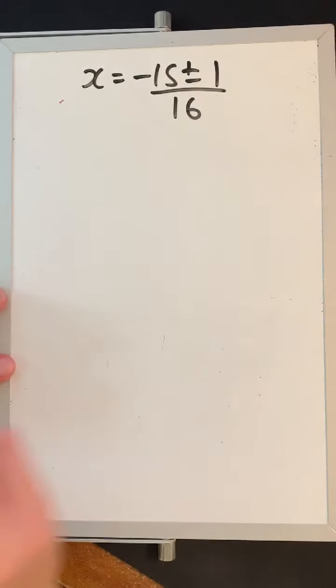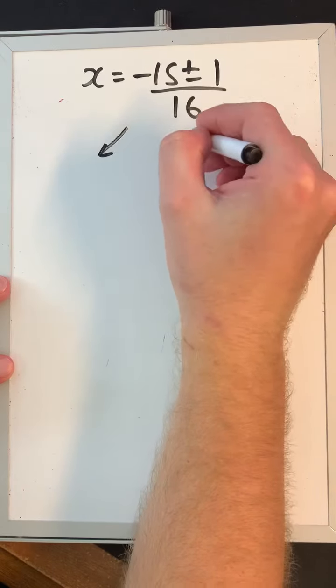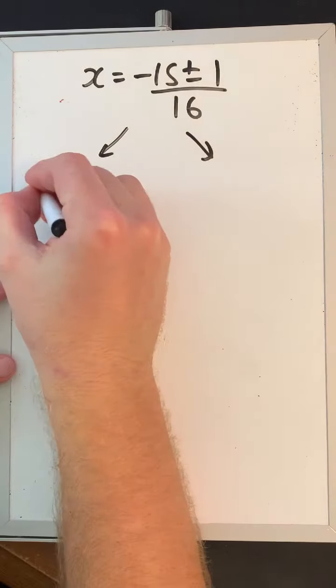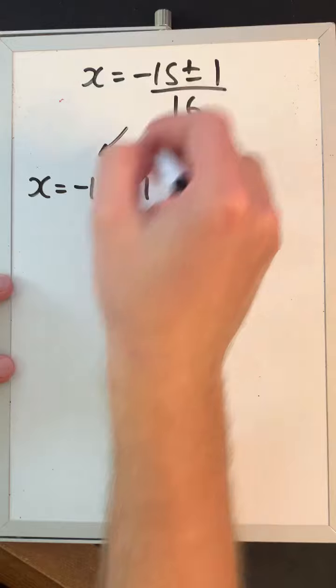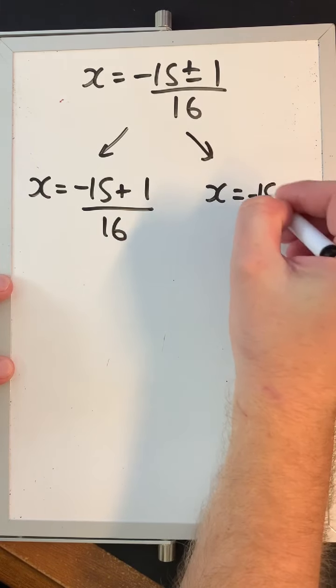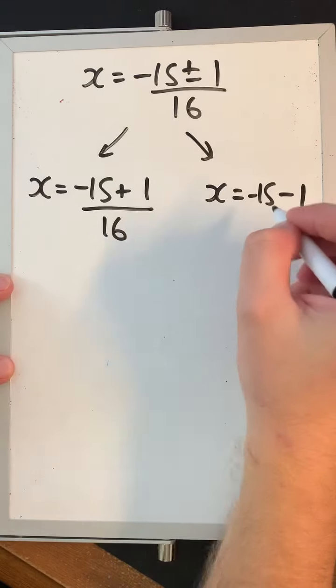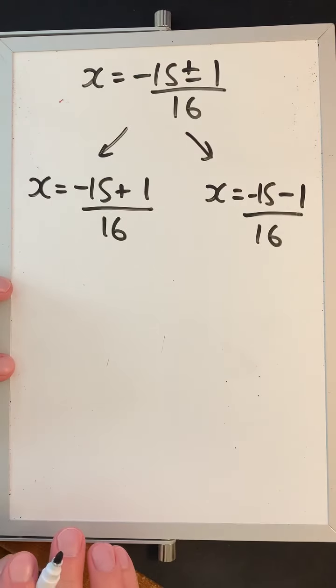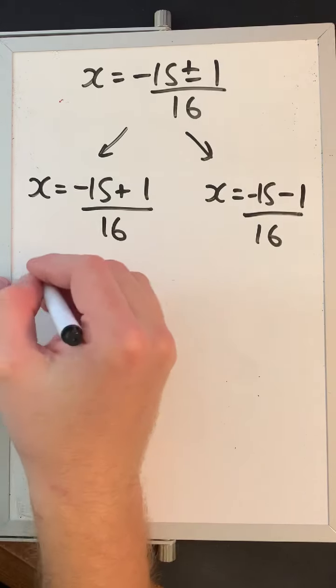Now the way we get the two roots from this is we split this up into two. We write this down with the positive 1, so we use the plus. And we write it down with the negative, so minus 1 over 16. And this is where we get the two roots from. So let's work this out then.